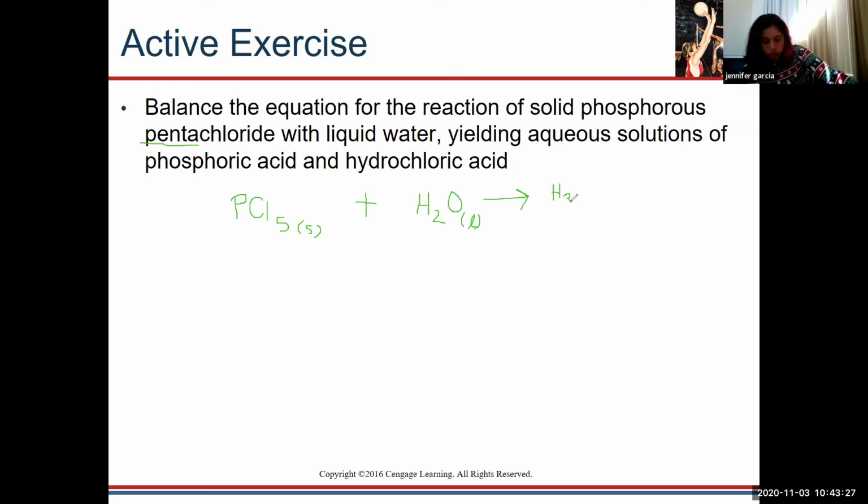H3PO4. Okay, and then what's going to be the subscript? Solid, liquid, gas, or aqueous? Aqueous. Okay, and you said hydrochloric acid. So what is the chemical formula for hydrochloric acid?